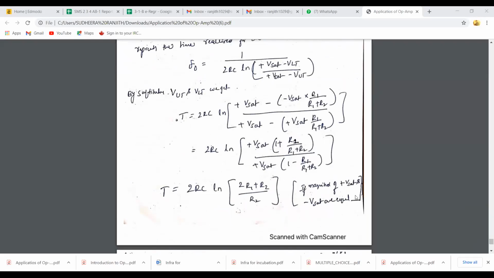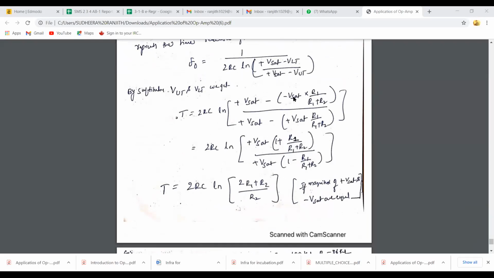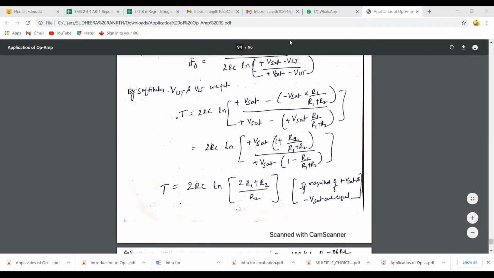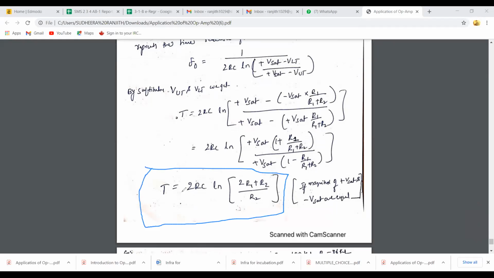Minus of minus V sat means how much? Plus V sat. So I'm taking plus V sat as common, which becomes 1 plus R1 by R1 plus R2. In the denominator also I'm taking plus V sat as common, 1 minus R1 by R1 plus R2. Both V sats get cancelled. Finally, if you simplify, we get the time required for complete oscillation as 2RC into ln of (2R1 plus R2) by R2.